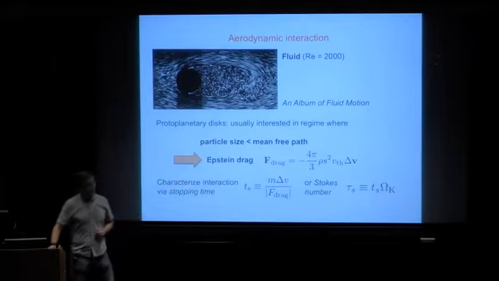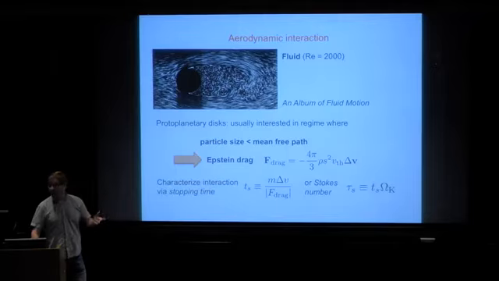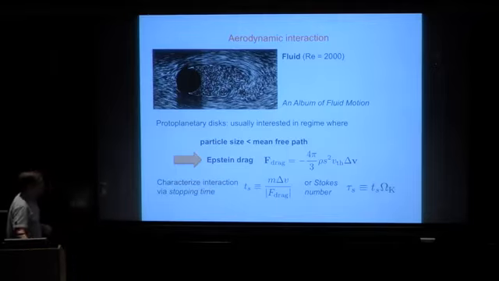Here's an expression for it. Rho is the density of the fluid, S is the size of the particle, and v_th is the thermal speed in the gas. The key point is that the drag force is linear in the velocity difference between the particle and the gas, rather than quadratic, which is what you would normally associate with drag.